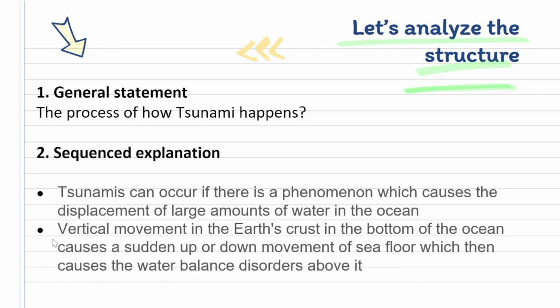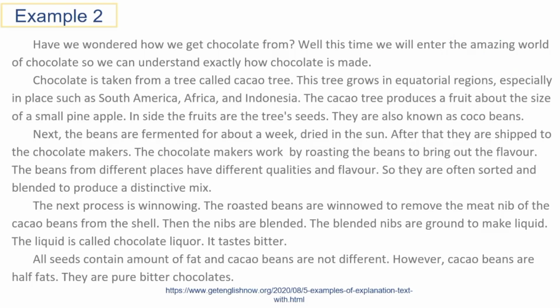And then the next explanation: vertical movement in the Earth's crust at the bottom of the ocean causes a sudden up or down movement of the seafloor, which then causes water balance disorders above it. Okay, so this is a simple explanation of how a tsunami happens. Because this is only an example, it is short.